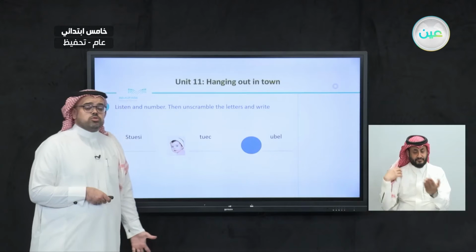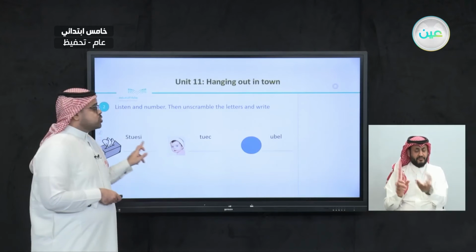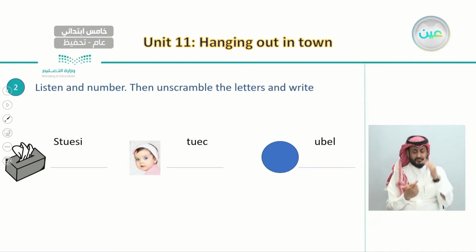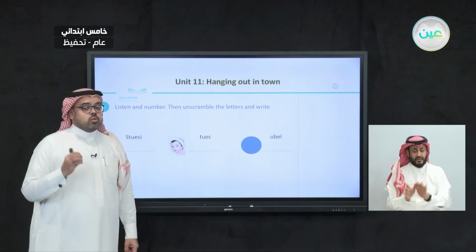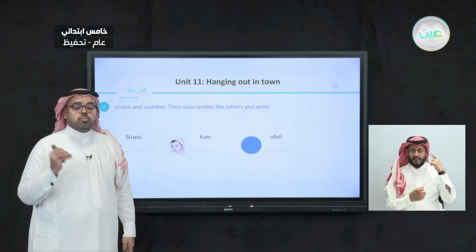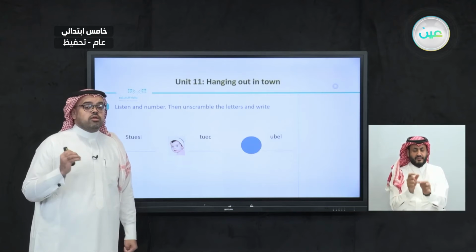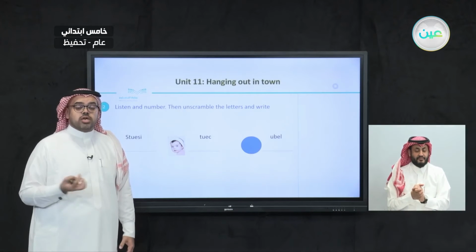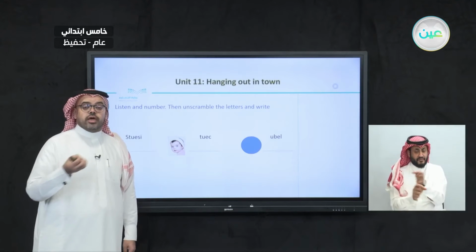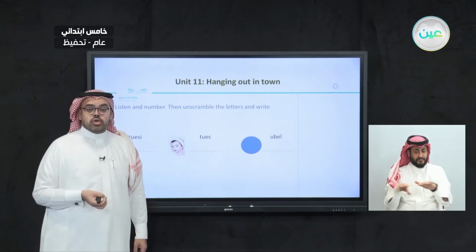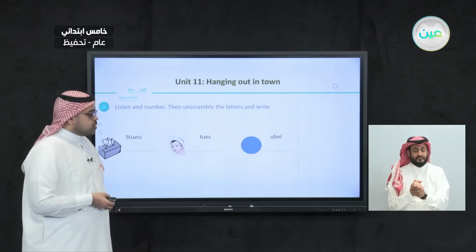So what we're going to do now is listen to three different words that are unscrambled, that are not in the right order. And after we listen, we need to think together and put these letters in the right order.